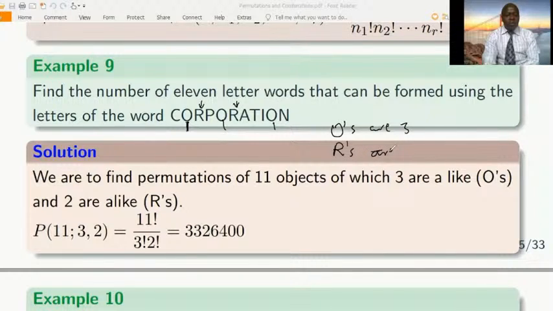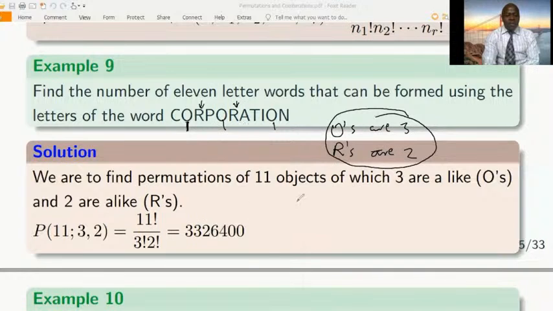So we also want to see whether we have other letters that are similar. C is not similar to another one, P is not, T is not, N is not. So these are the only similar letters. So the question is, how many arrangements can we have? Because this O is similar to that, so you cannot know which O you are using at what time, because they are similar.